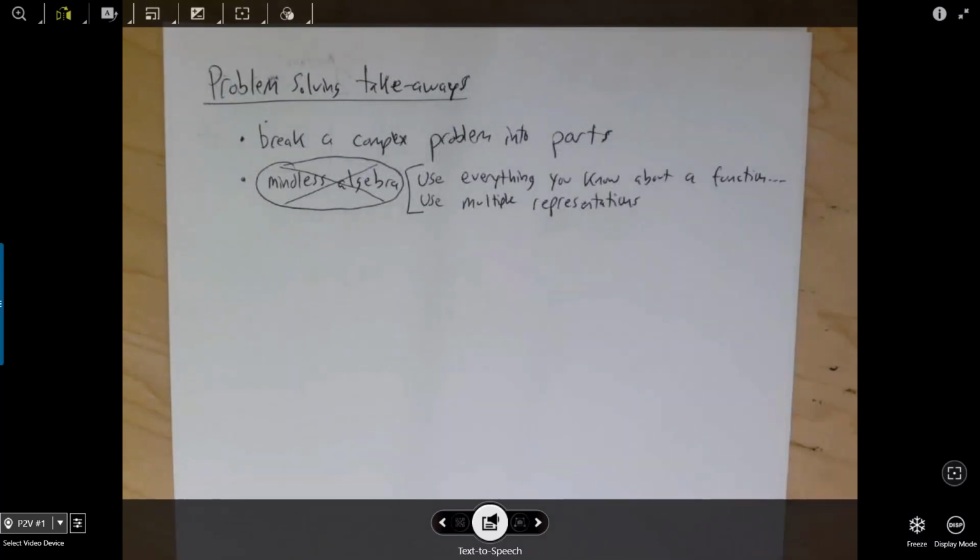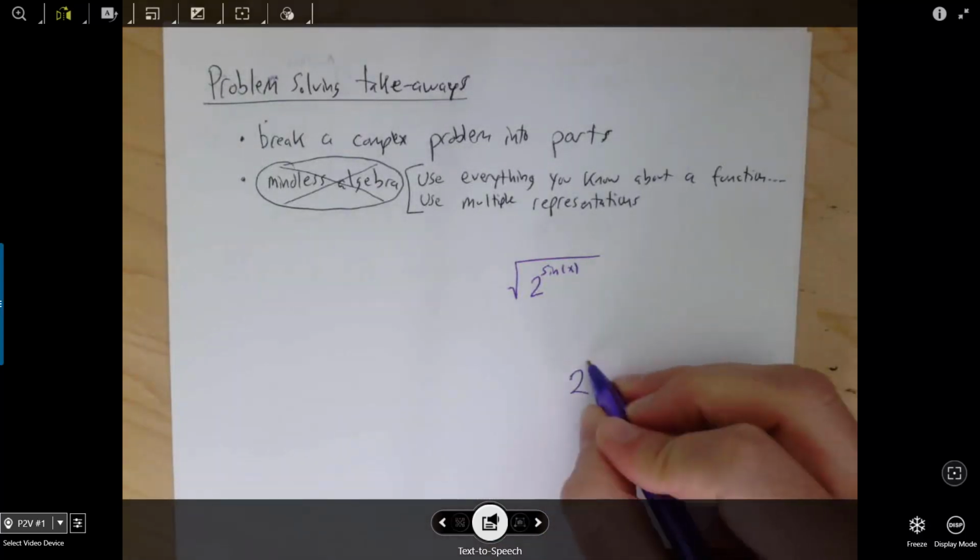You got to use everything that you know about a function, or in particular, try and use the multiple representations idea of a function. So think about what would this thing be like numerically? What would it be like graphically? And that idea showed up when we were trying to consider what is 2 to the sine x.